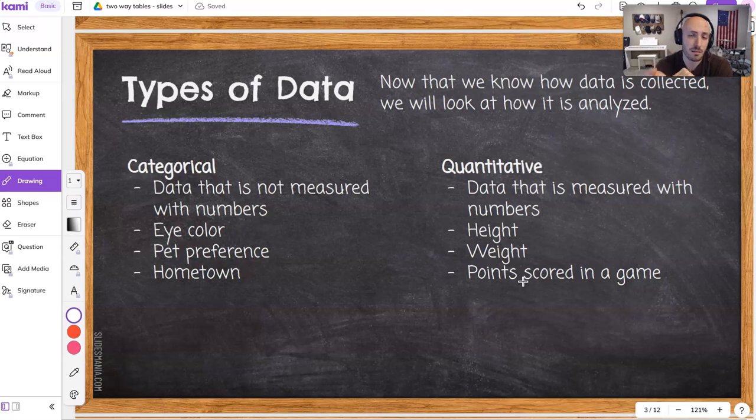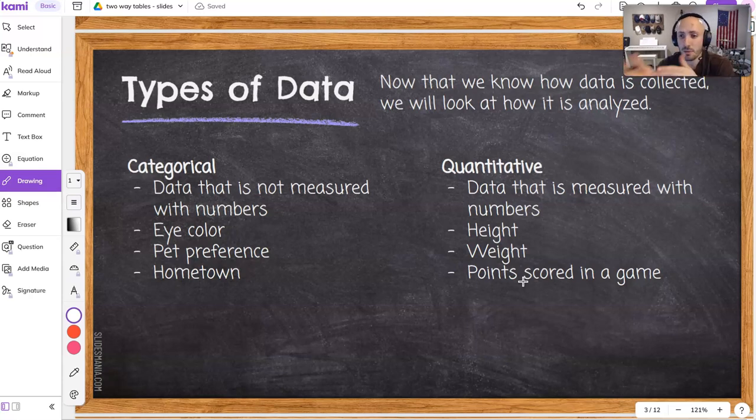Things like eye color, pet preference, as we just saw, hometown. Maybe you can think of a few other data categories that might not be measured with numbers. So anytime something is measured with color or different animals or something like that, that would be considered categorical data. We could also call this qualitative data because you're measuring the quality of something rather than the quantity.